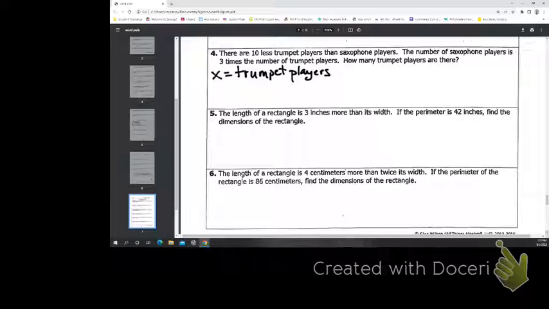And if there are 10 less trumpet players than sax, if I'm talking about the sax, they would be 10 more. So I could say X plus 10 would be my sax players.